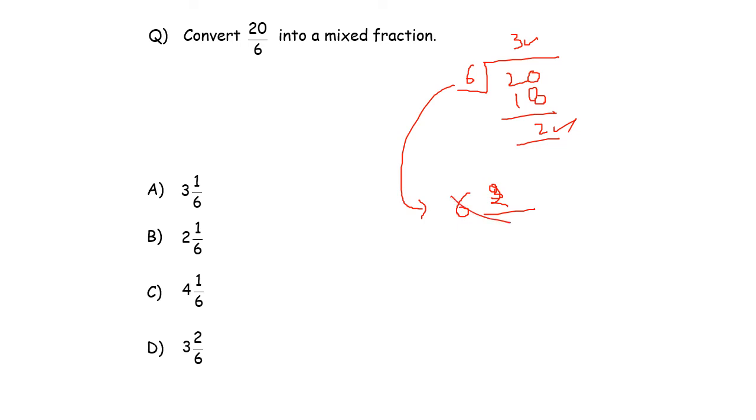Okay, sorry, I have just made a mistake. The quotient 3 becomes the whole number and 2 is the remainder, over the original divisor, that is 3 whole 2 by 6. So the answer is 3 whole 2 by 6.